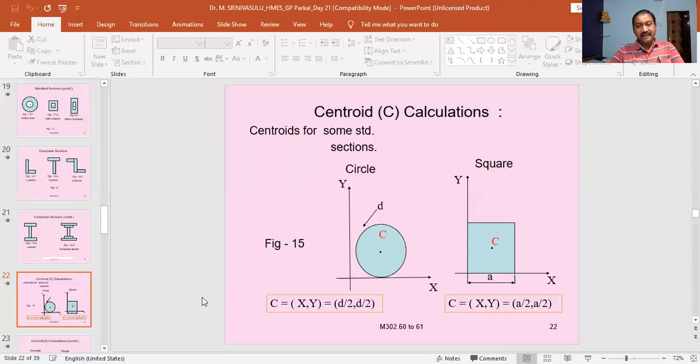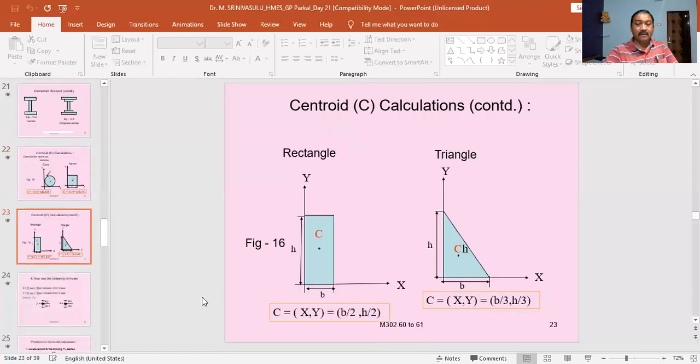So it is equidistant from all the sides. So the point C is at a distance of a by 2 from the x-axis and also a by 2 from the y-axis. So the coordinates x, y is equal to a by 2, comma, a by 2, where a is the side.